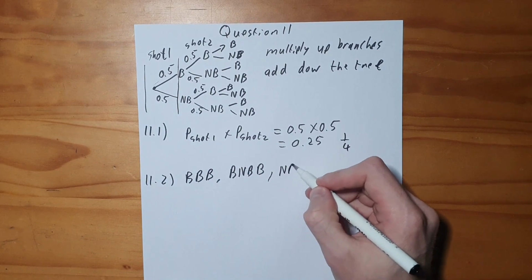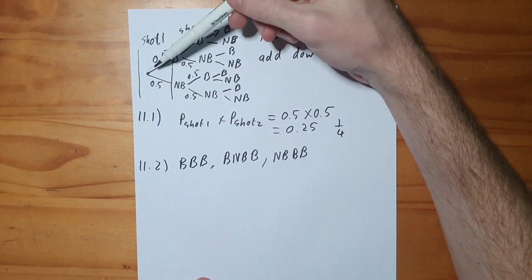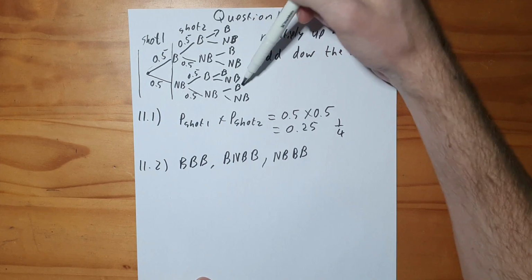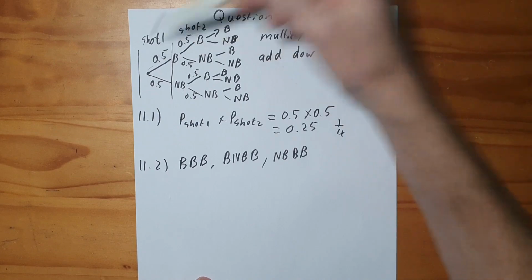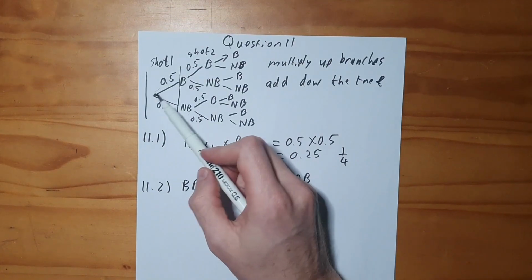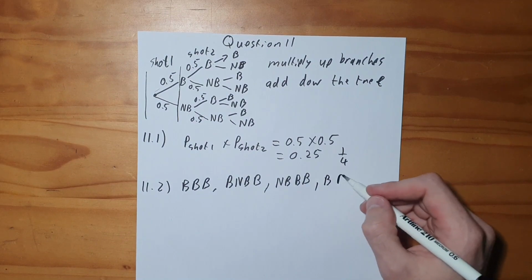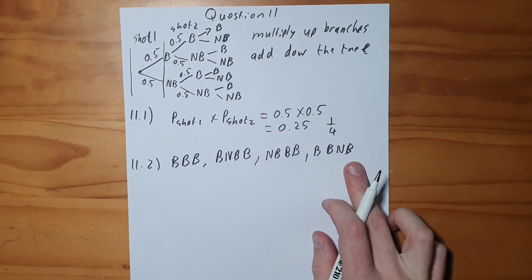So N, B, B. Then if we come all the way down, we don't have any there. Let's see, have I missed one? Yes, I have. I missed one in the first branch here. So we can have a bull, bull, and then not a bull. So there's 4 possibilities of this happening.